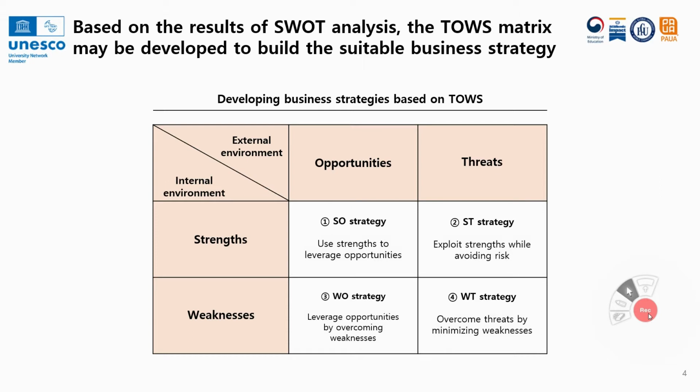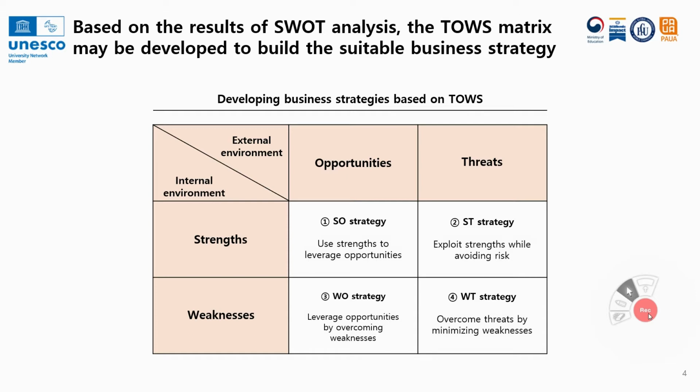Another strategy we might draw from the SWOT analysis is the ST strategy. In the ST strategy, we avoid the threats with the strengths we have identified internally. So exploiting strengths while avoiding risk is our ST strategy.